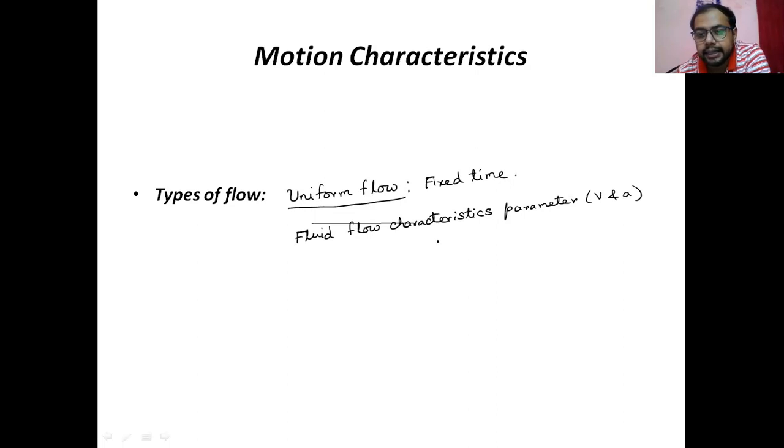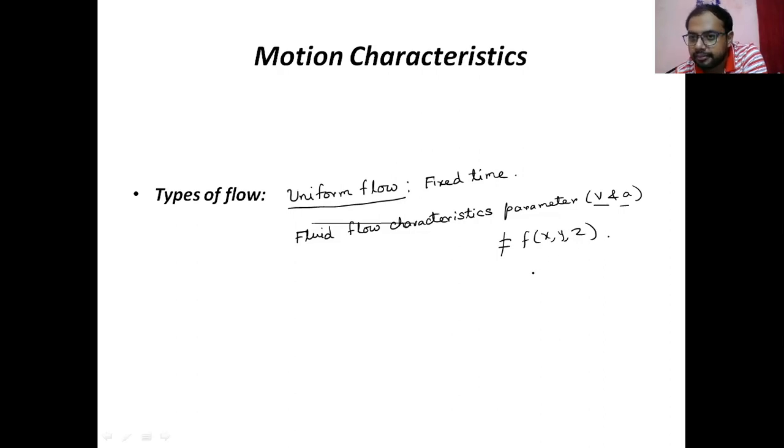It is not a function of x, y, z. It does not depend on the position. So if you change the position, there is no change of the flow characteristics parameter. Velocity or acceleration is not a function of x, y, or z.